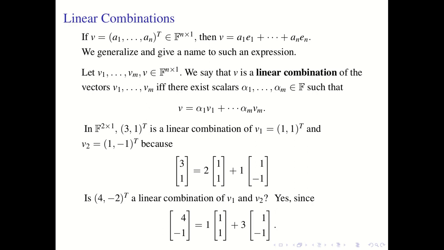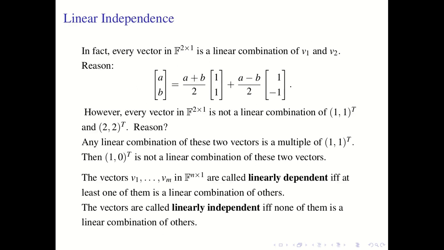And similarly, you can see that 4 minus 2 is also a linear combination of 1 1 and 1 minus 1. In fact, if you take any vector a comma b in F2, you can write it as a linear combination of 1 1 and 1 minus 1, as you see on the screen.